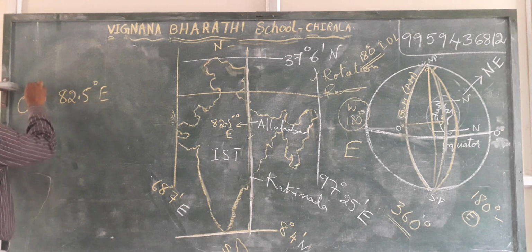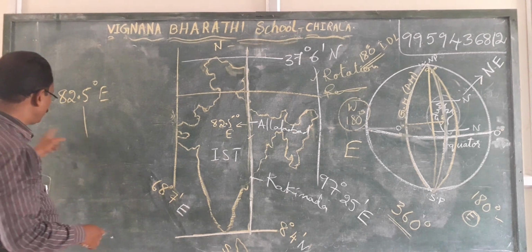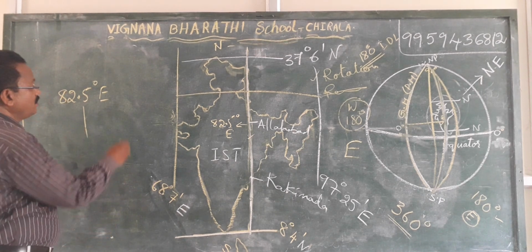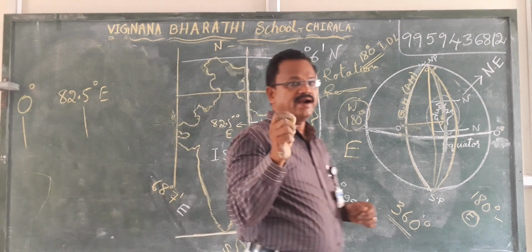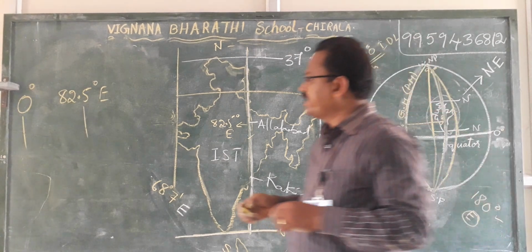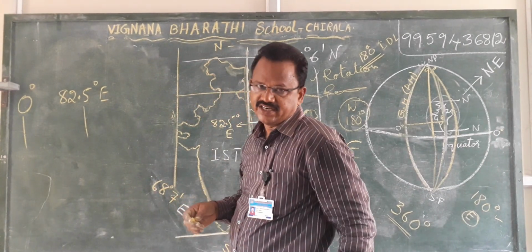The 0 is the prime meridian, and this is our Indian Standard Meridian. From 0 to 82.5, we can now find the time difference from London to our country by multiplying by 4 minutes for each degree.